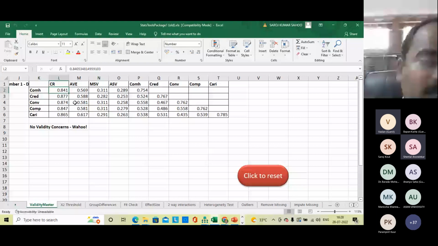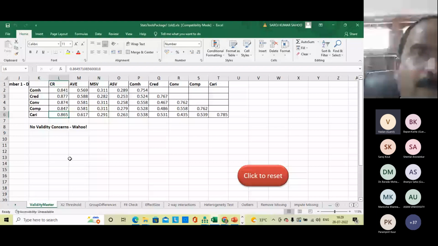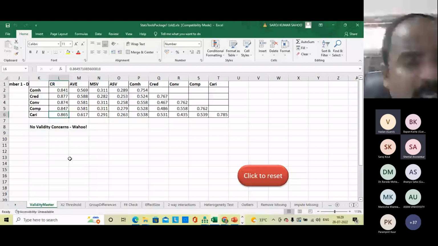All the values of CR, look here, CR means composite reliability. CR for comprehension is 0.841, CR for credibility 0.877, CR for convenience 0.874, CR for compatibility 0.847, CR for caring 0.865. So all the values of CR are much above the standard value, that is 0.7.